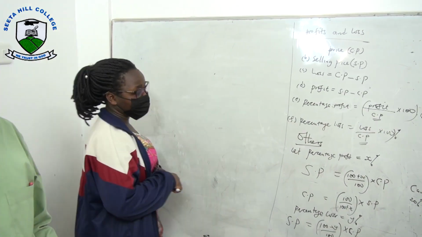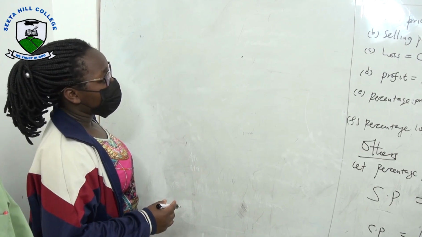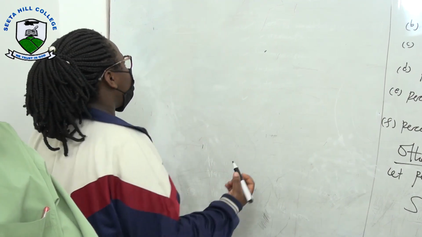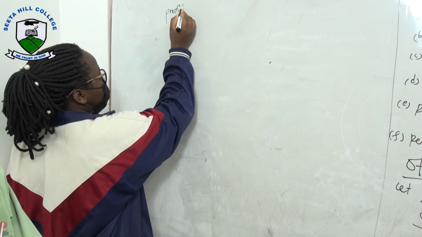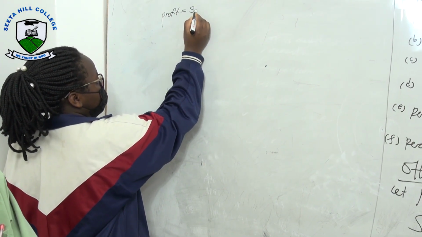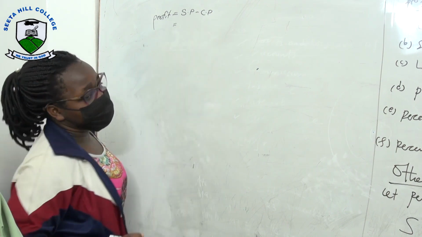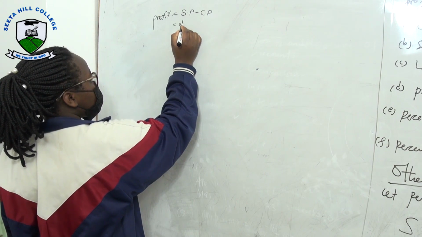So the question is asking us to find the percentage profit. And we shall first of all have to find the profit. And how do we find the profit? Profit is equal to the selling price minus the cost price. So what's the selling price in that question? 550,000.